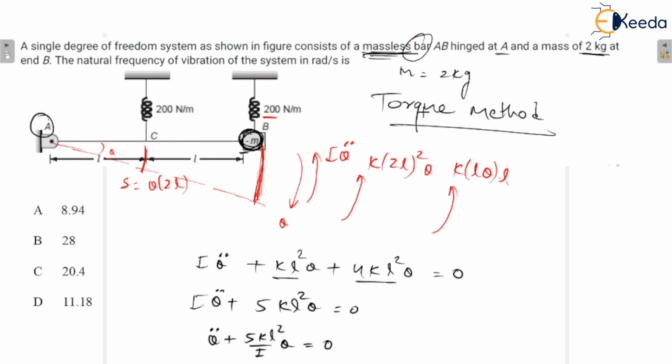Don't try to apply a method you have not practiced a lot of questions on. Suppose I have practiced a lot of questions on the torque method, and suddenly in the examination I apply the energy method, it would be a little uncomfortable when solving, and confidence will be less.